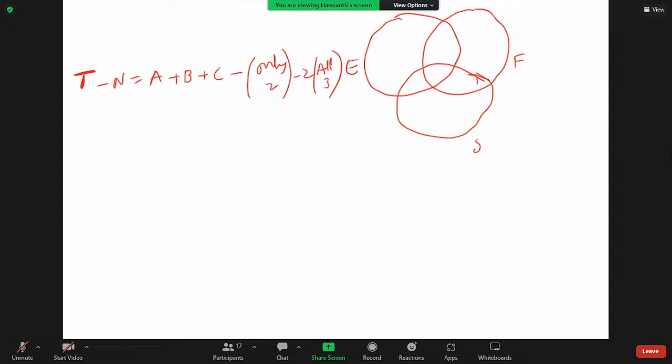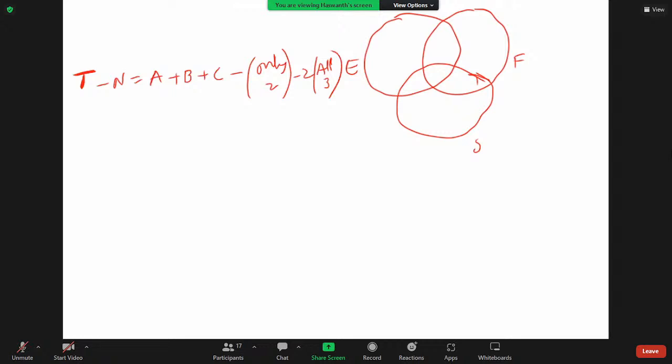Now let's say we have to solve it through the formula. Then what is the term we need to find out? Out of these given terms, total minus neither is equal to A plus B plus C minus only 2 minus twice all 3. What do we need to find out in this formula? Because if we are using the formula, first we should know what we need to find out.